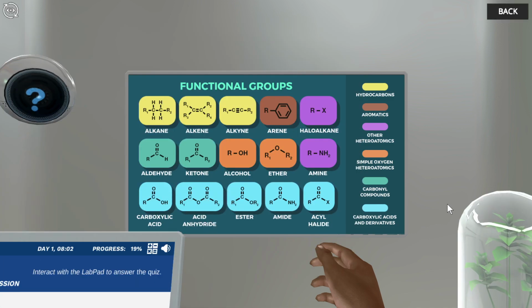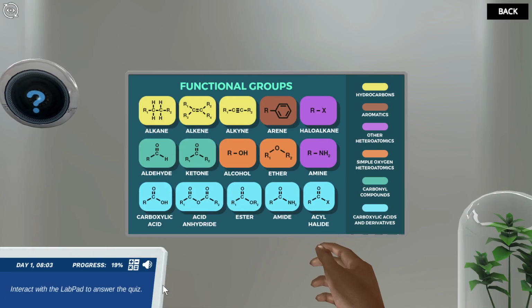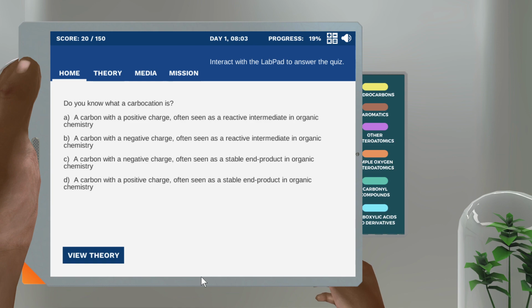Do you know what a carbocation is? You've got this.